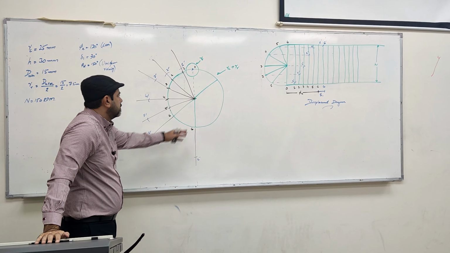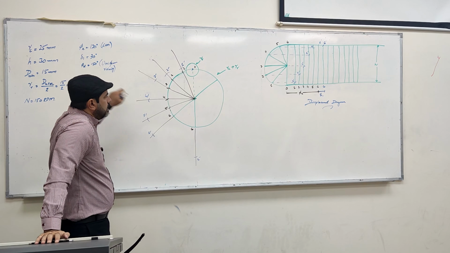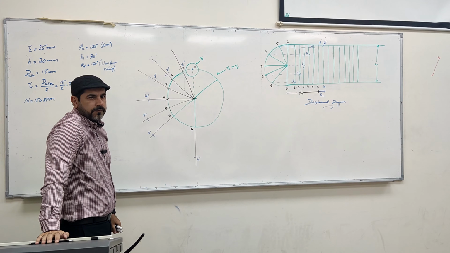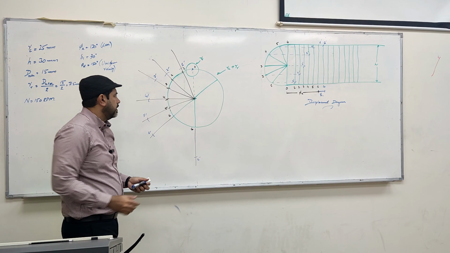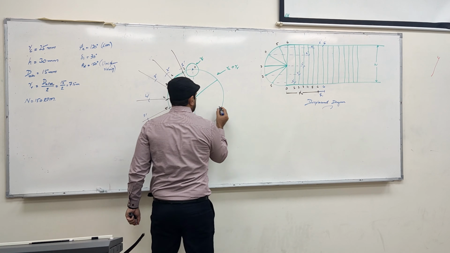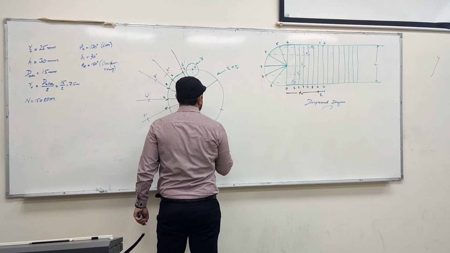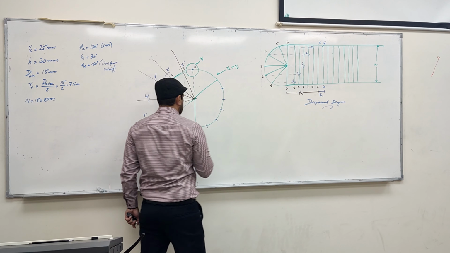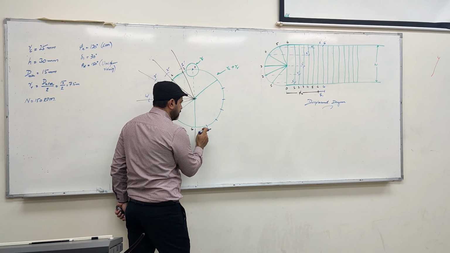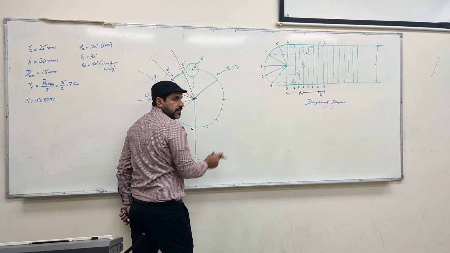Then we have this phi D, 150 degrees. We need to divide it again into equal parts. Let's again divide it into 6 divisions, 1, 2, 3, 4, 5, 6 divisions.